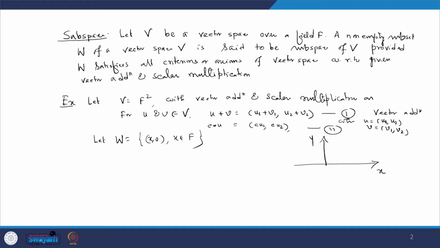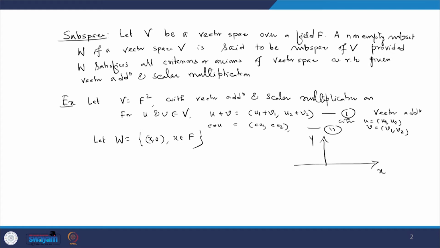We can immediately check it satisfies all the axioms of the definition of a vector space. Therefore, W is also a subspace of the vector space V. Of course, it is very tedious to check all these 10 axioms for this set W.